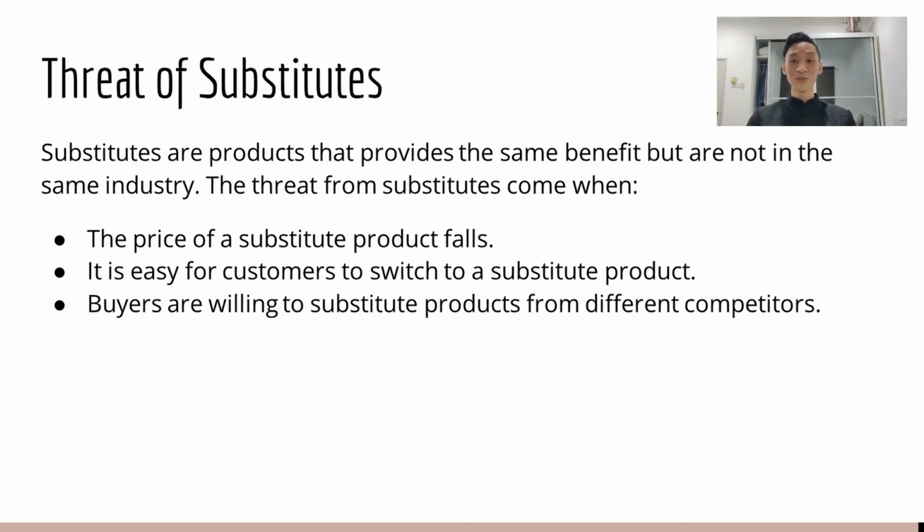Normally bus tickets are cheaper than flight tickets, but a sudden threat can come for bus companies if suddenly the price of flight tickets drops. Then suddenly there's a threat for the bus company from a substitute, which is the airline company. I hope you get me.